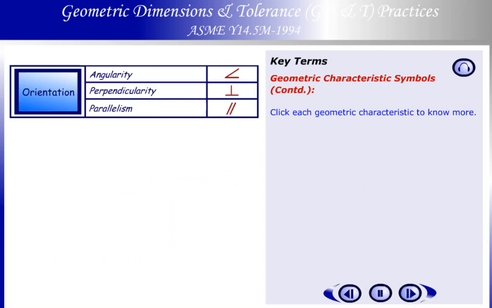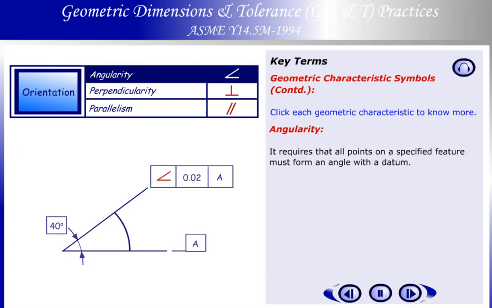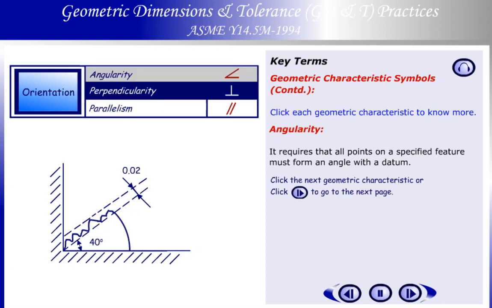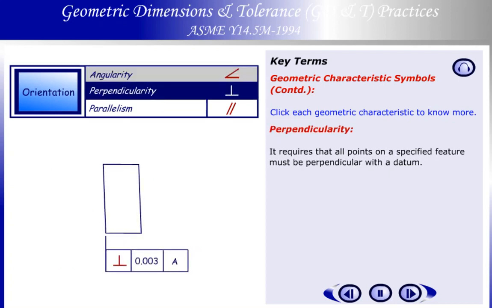Geometric characteristic symbols continued. Angularity. It requires that all points on a specified feature must form an angle with a datum. Perpendicularity.